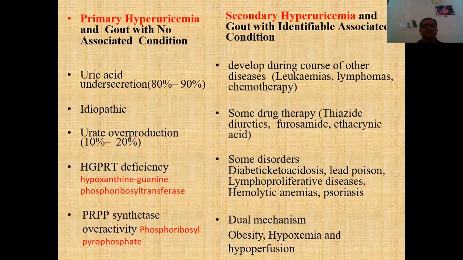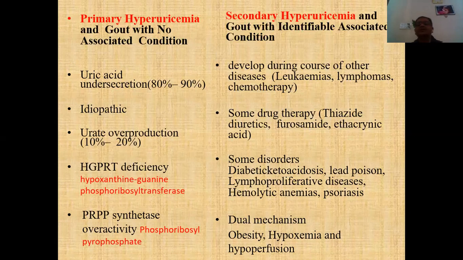If there is a deficiency, then this condition occurs, that is the excess production and storage of uric acid. Then the next one is PRPP synthetase overactivity. If there is an HGPRT deficiency, there is overproduction of PRPP and overactivity should occur. That is phosphoribosyl pyrophosphate.